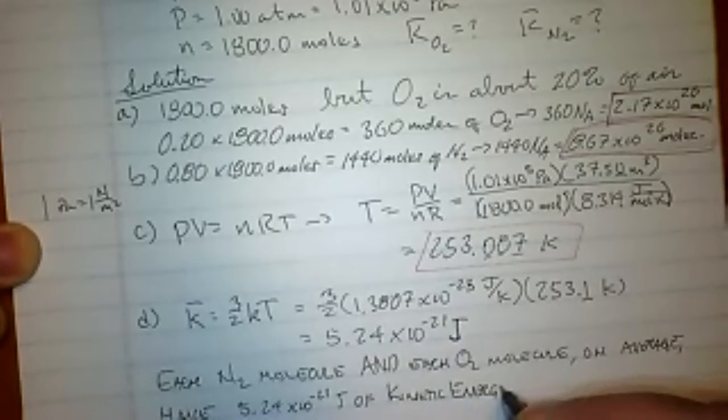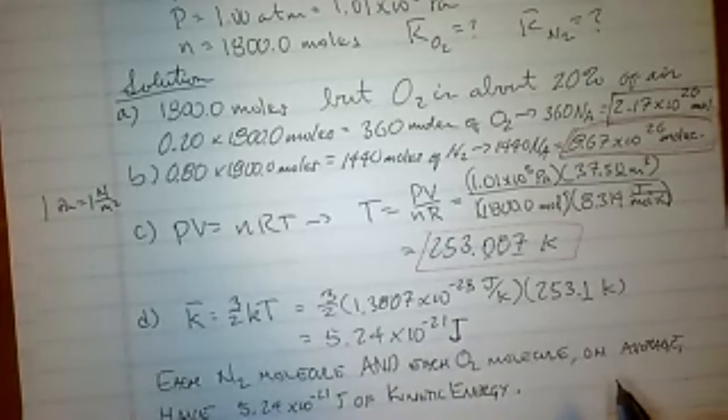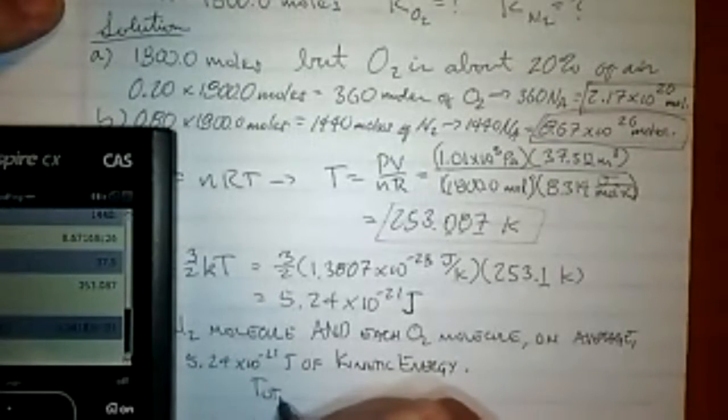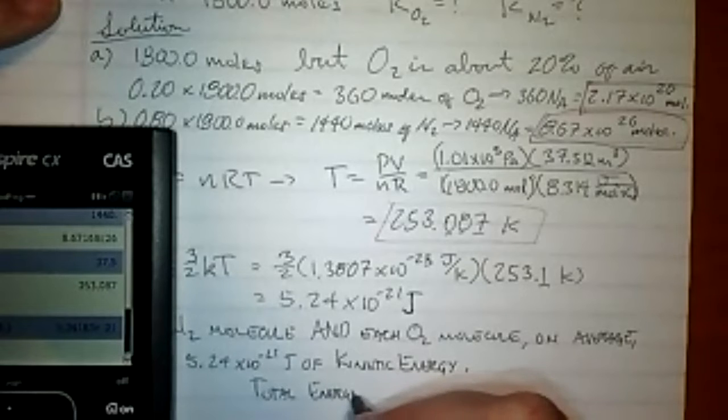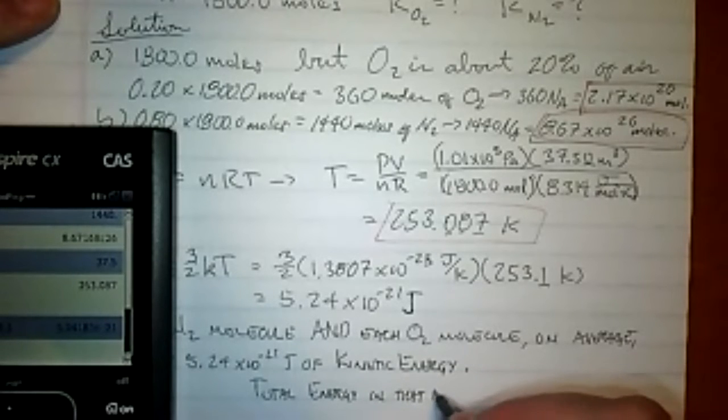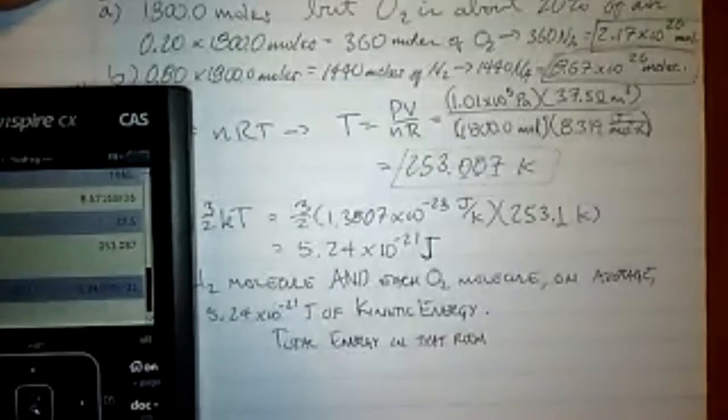Now remember, that's 1,800 moles of that stuff. So really, if you want to get an idea of the total amount of energy in that room, I'm going to take and multiply that by 1,800 times Avogadro's number.